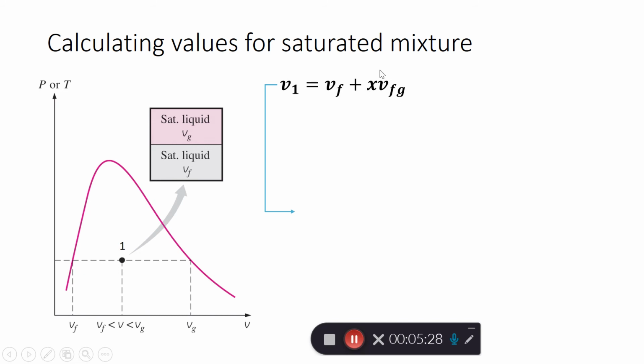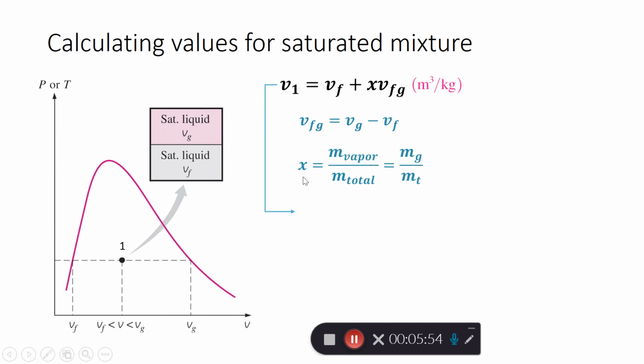Vfg can also be obtained from the property table. Remember, Vfg is Vg minus Vf. So this is how we get a property value for the mixture. The unit is meter cube per kg because it's specific volume. Vfg, as I mentioned, is Vg minus Vf.